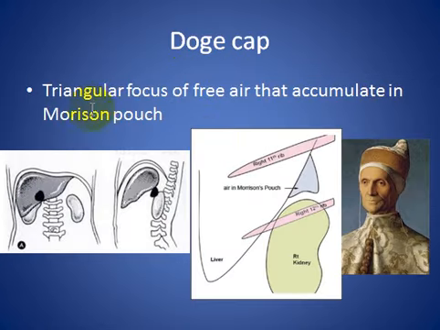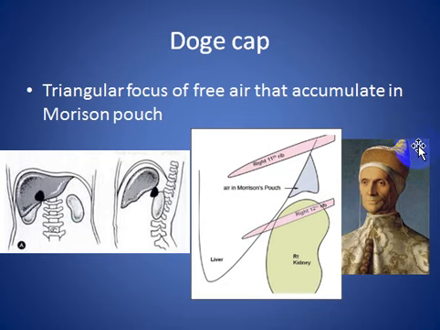Dog cap sign. It is a triangular focus of free air that accumulates in the Morrison pouch, superior to the kidney, between the 11th and the 12th rib, and this is the shape of the triangular sign.